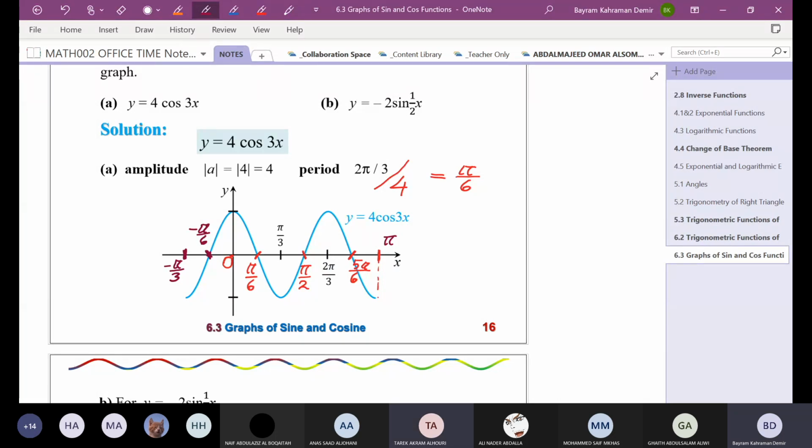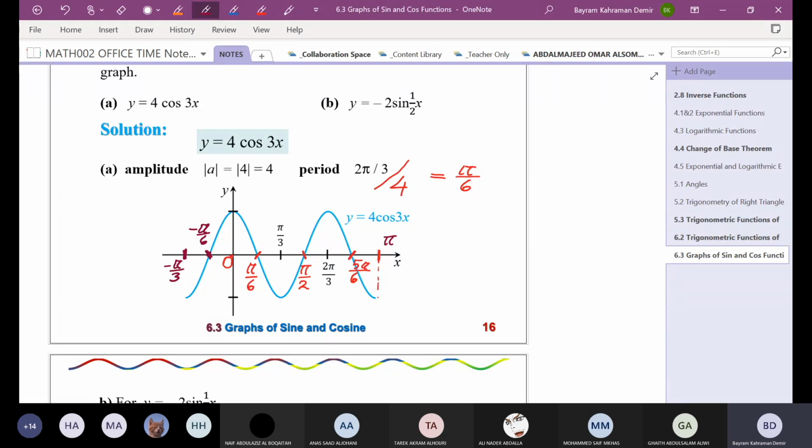But sir, the graph has an infinite domain, right? Yes, so it will increase in different intervals. Of course. So in the exam or in the quiz, Shabab, we will give you a certain domain to sketch the graph.